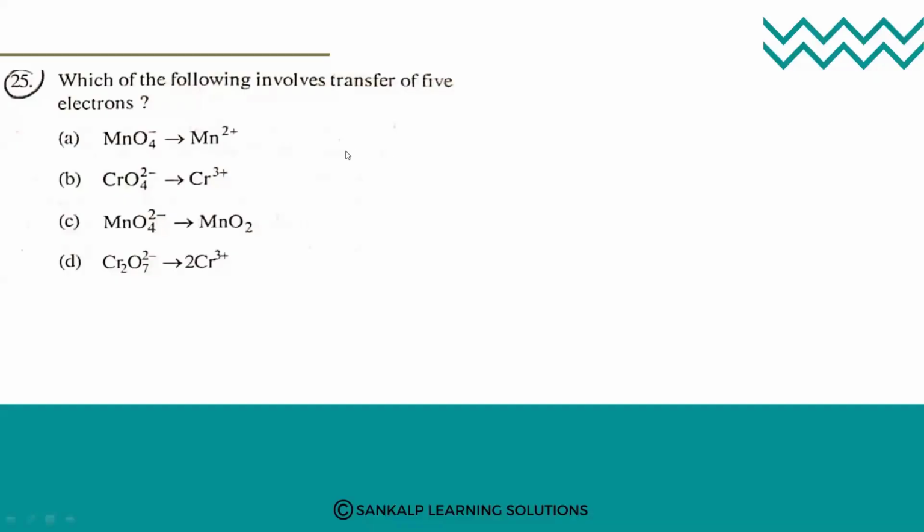Fine. So this is the question. Which of the following involves a transfer of 5 electrons? These are the 4 options. Electron transfer in which of the following reactions takes place? Anybody?